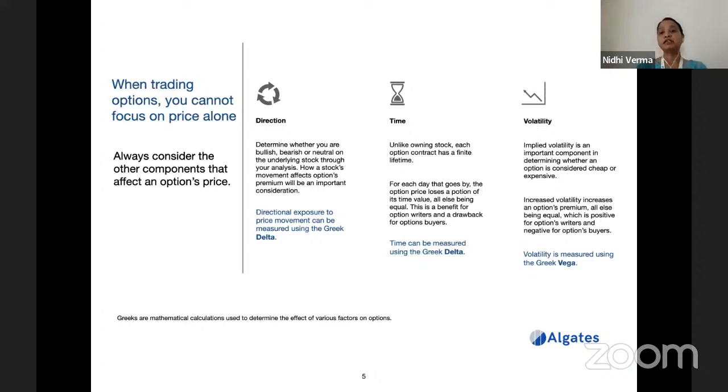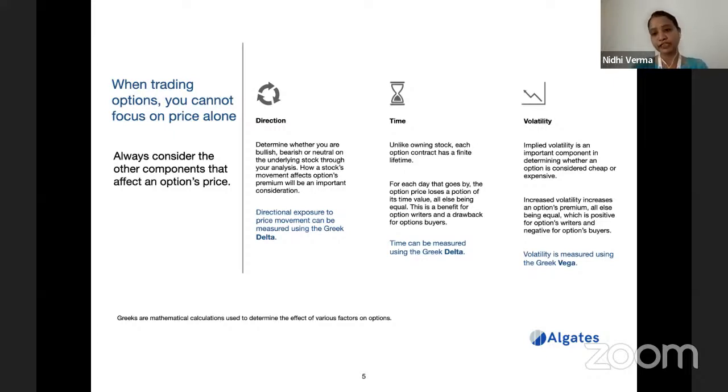And the volatility component is also very important, because that determines whether a particular option is cheap or expensive at a particular time. An increase in volatility in the stock price will always increase the option premium. All else being equal, if the volatility increases, then option prices will increase, which is a positive for option writers.